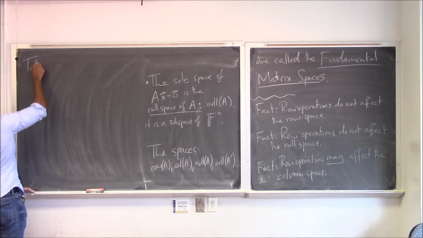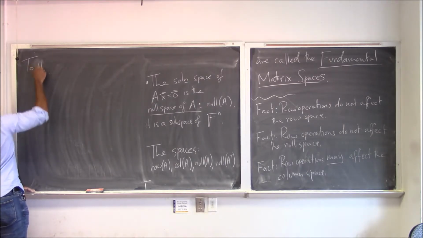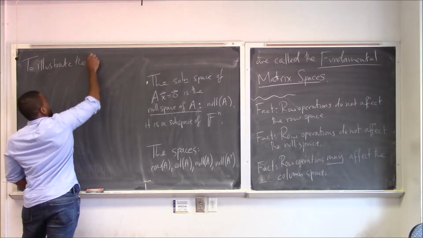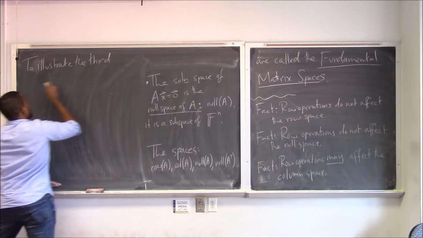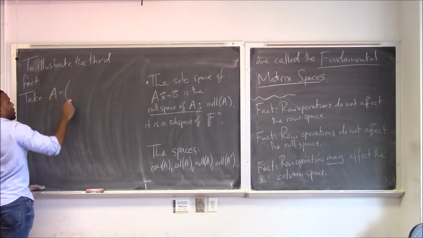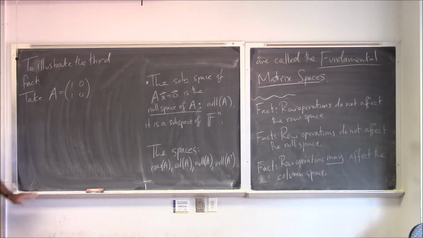Take a matrix. There'll be many examples, but here's one of them. A guy with two identical rows.